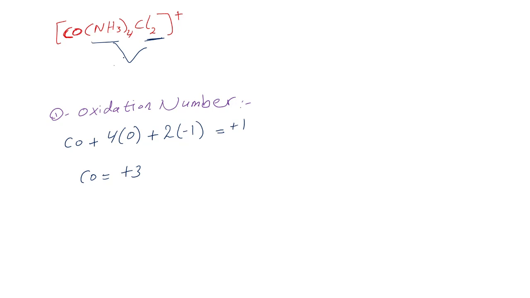As you can see here, there are 2 kinds of monodentate ligand, so we write them in alphabetical order. So the name of this complex is tetraamminedichlorocobalt(III) ion.